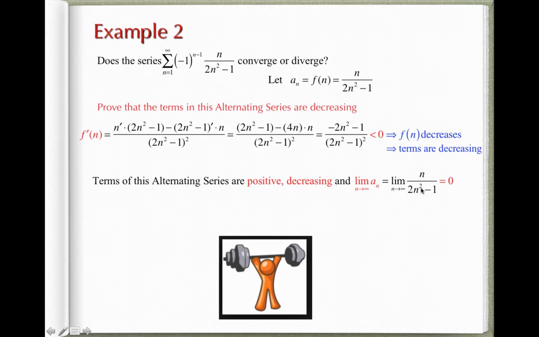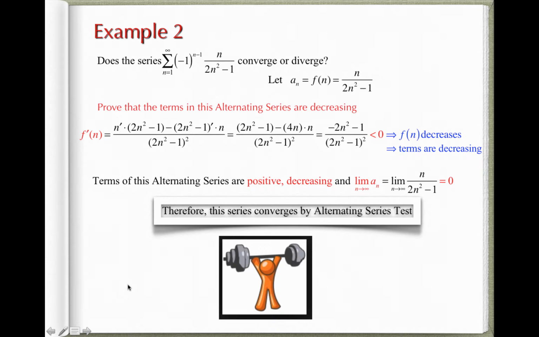So when we evaluate the limit as n approaches infinity of our sequence, the principle of dominance is invoked, and the denominator grows at a much faster rate than the numerator, and the limit is in fact 0. Therefore, by the alternating series test, this series is going to converge.